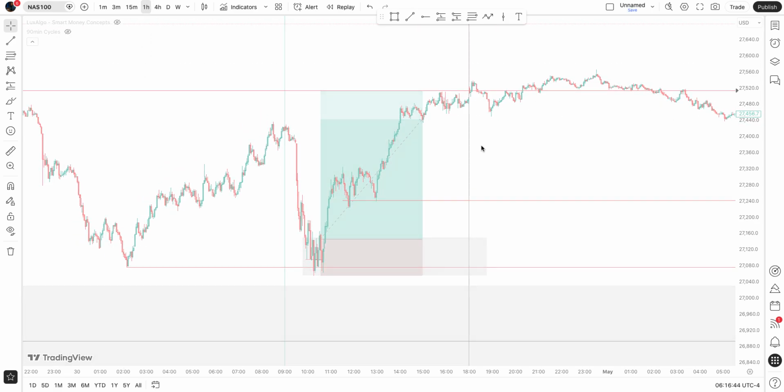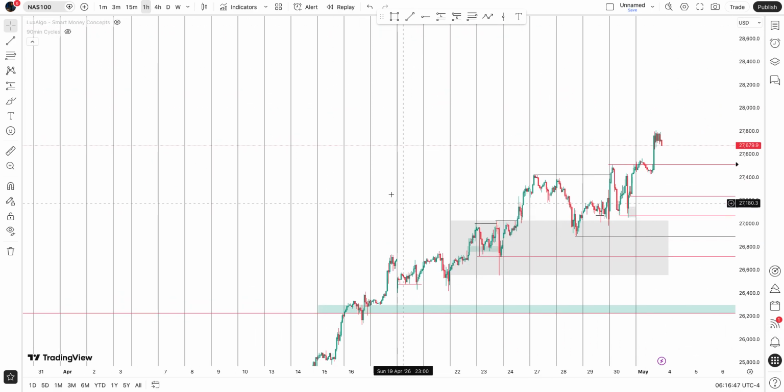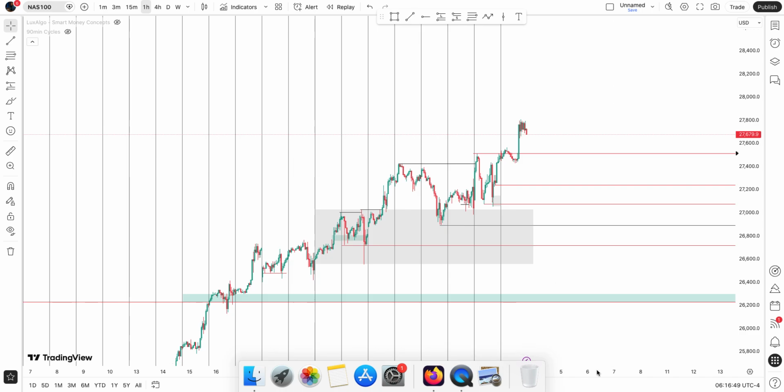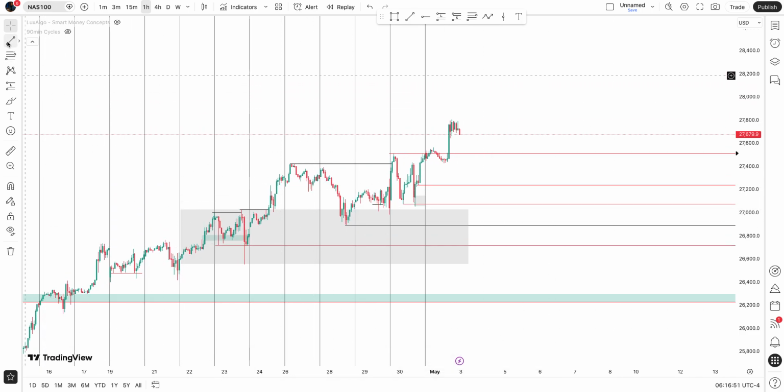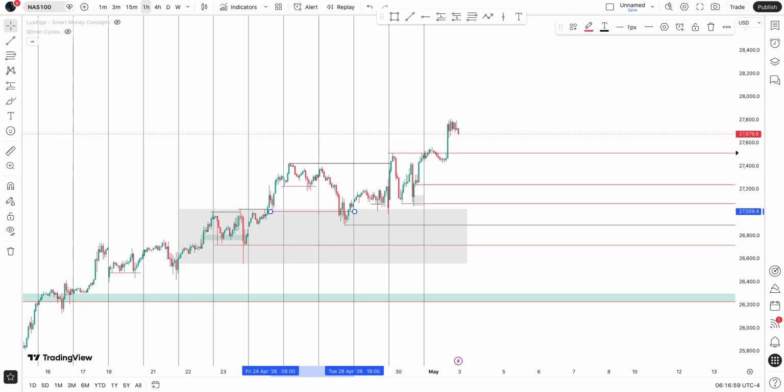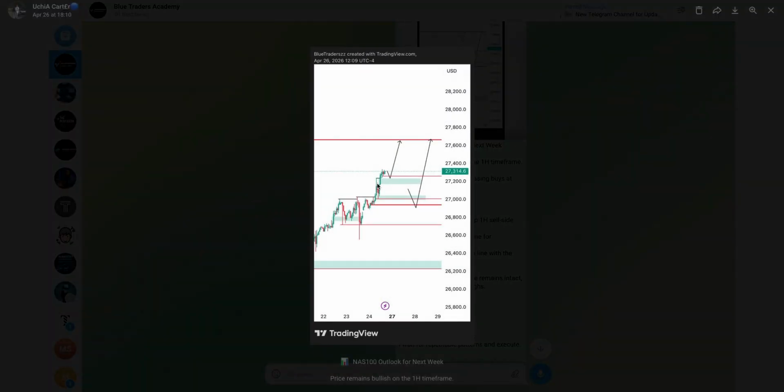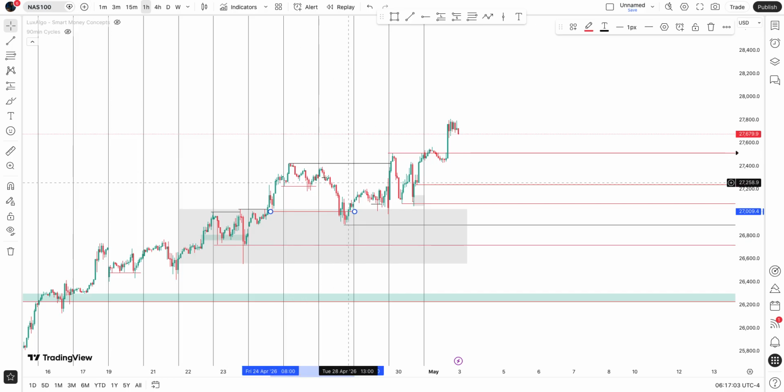Then let's go back on 1 hour. On 1 hour, the setup was from this level here. This was one of the levels that I marked out, and this was the next level that I marked out. So you can see it here. So how did this play out?